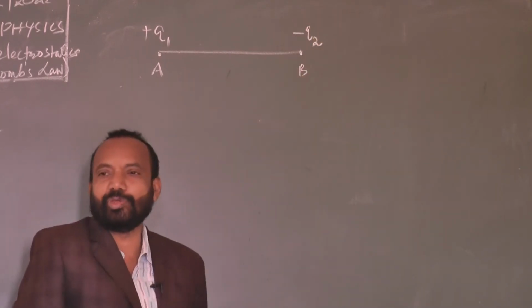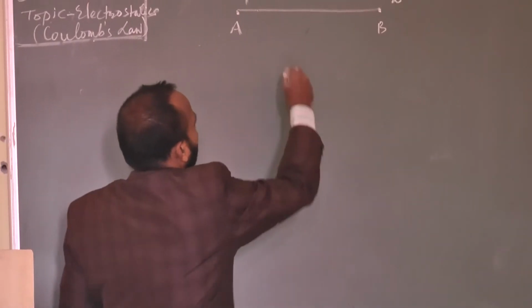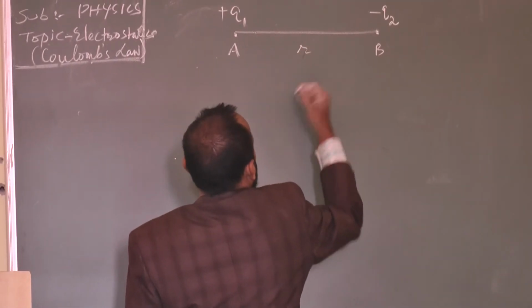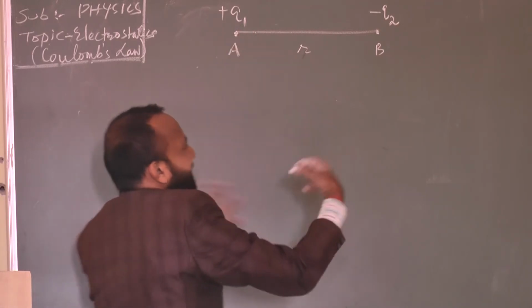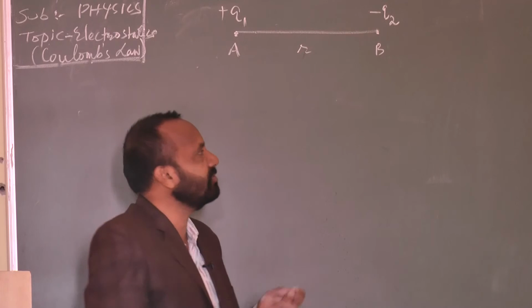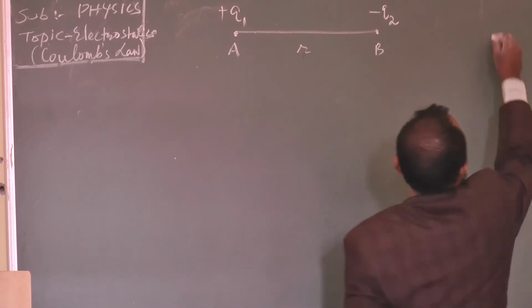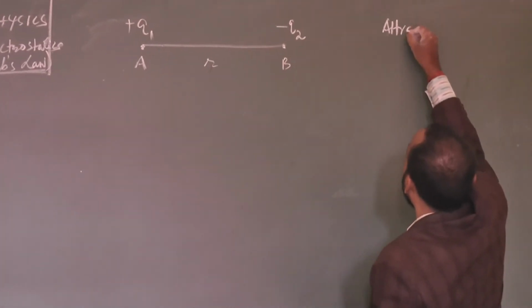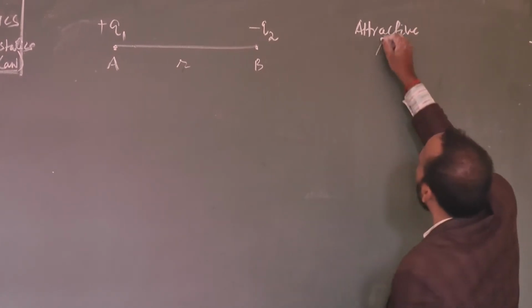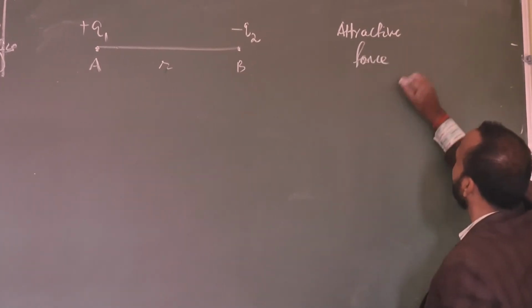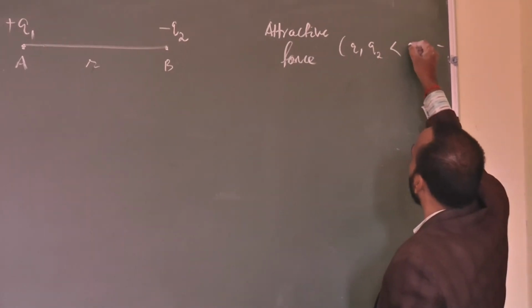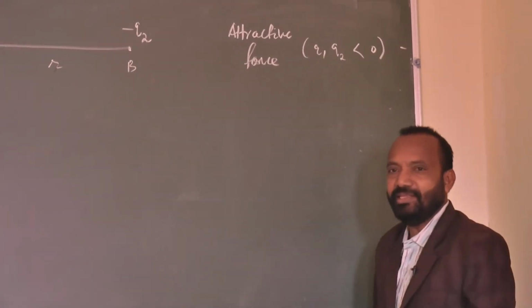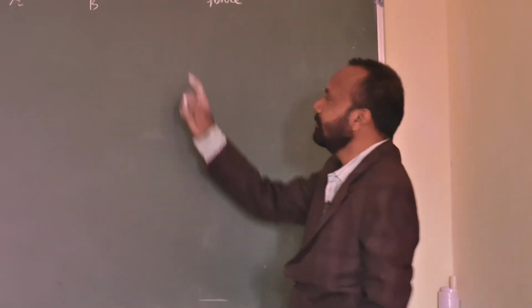Q1 is positive, Q2 is negative. Now, the distance is R here, as usual. So, the force of interaction will take place. What kind of force? Here it is unlike charges, so the attractive force will take place, where Q1 into Q2 is less than 0, right.